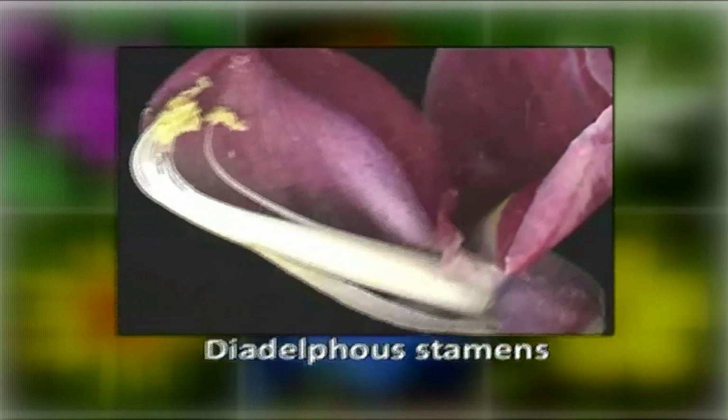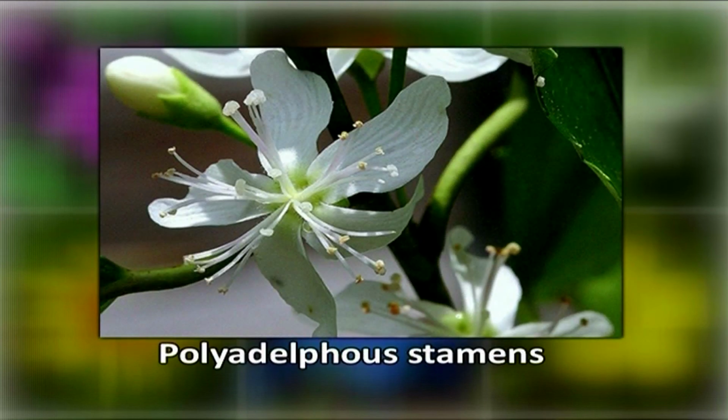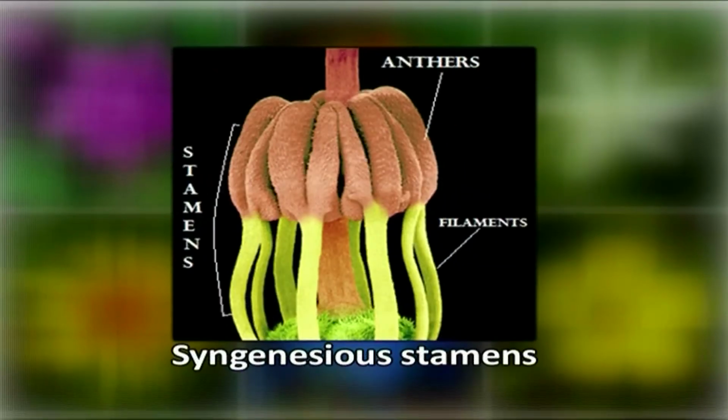Or they may be diadelphous, where filaments fuse to form 2 bundles, common in members of family Papilionaceae, or they may be polydelphous, where filaments fuse to form many bundles as in lemon and hypericum, etc. Stamens can also show variations in their degree of cohesion, or syngenesious stamens, where filaments are free but anthers are fused as in members of aster family.